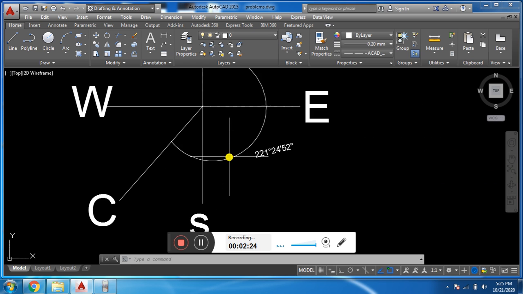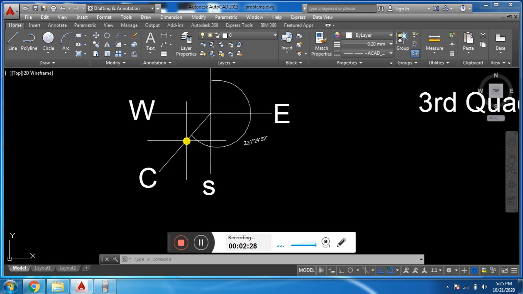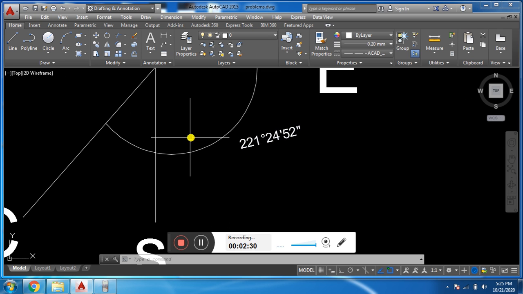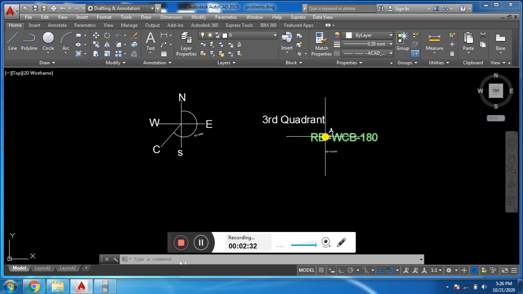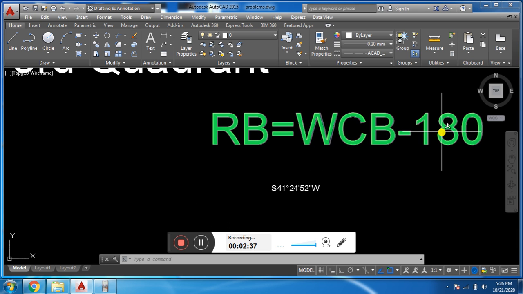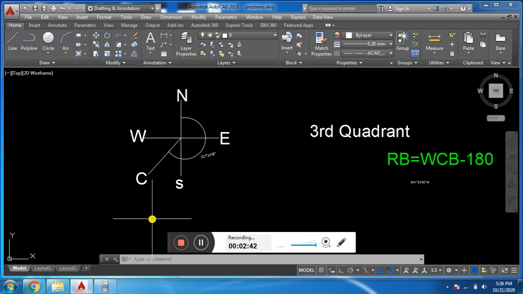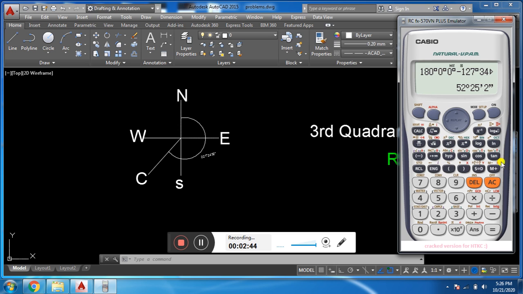Similarly, we have another whole circle bearing which occurs in the third quadrant. We will convert this whole circle bearing to reduced bearing. For this we have the formula: reduced bearing in the third quadrant is equal to whole circle bearing minus 180 degrees.